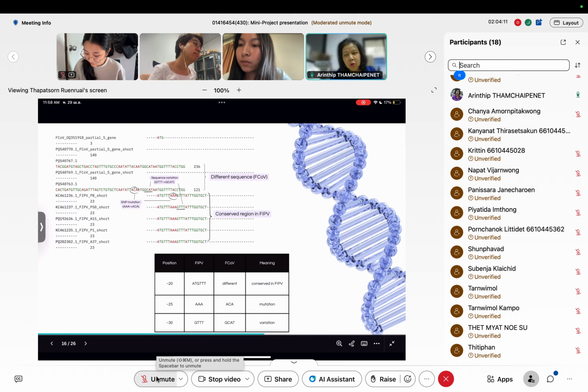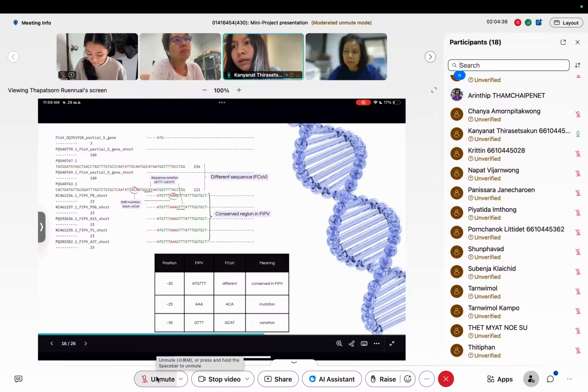Why is one a whole genome and one only a spike gene? When you select the data, how do you do that? Do you type FCoV genome sequence, or do you type the spike gene? Type spike gene.